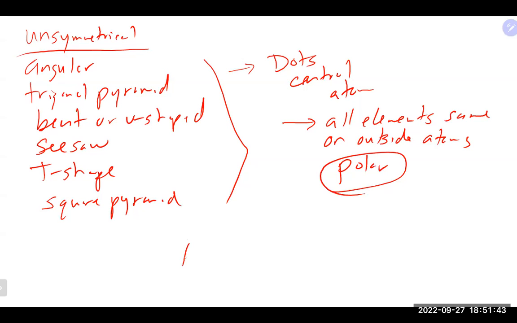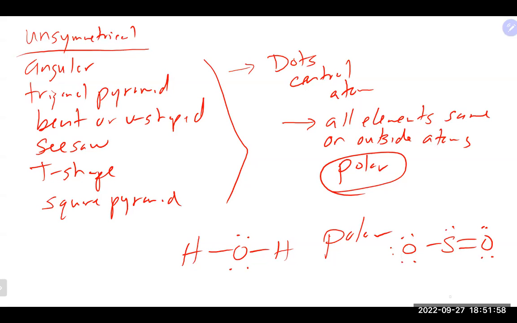So, for example, if we just looked at our water without doing any vectors, I see dots, I see everybody the same on the outside, I see polar. Yes. I see something like this. This guy would be polar or non-polar? This would be polar. Yes, I got dots on the central atom.